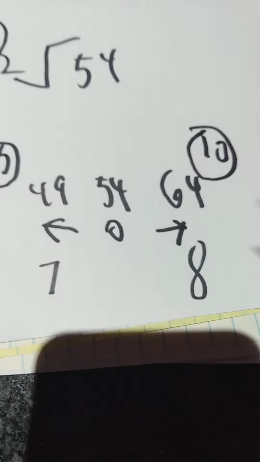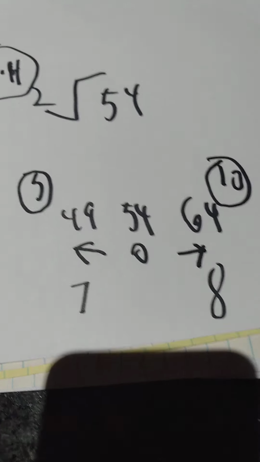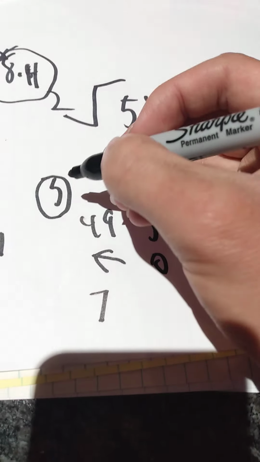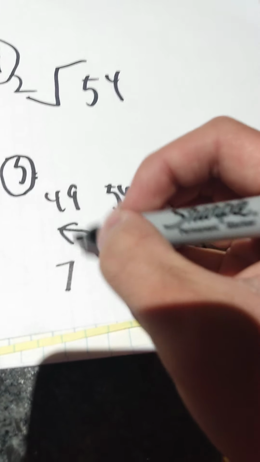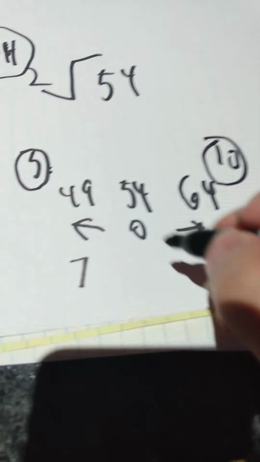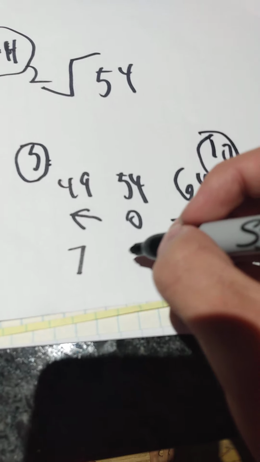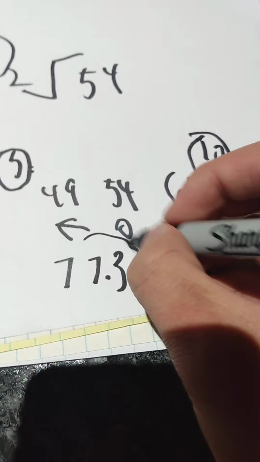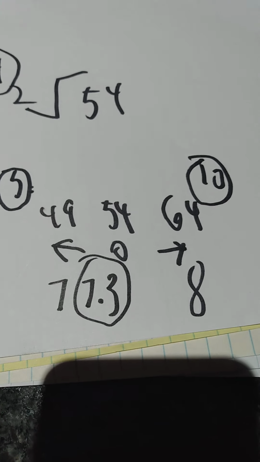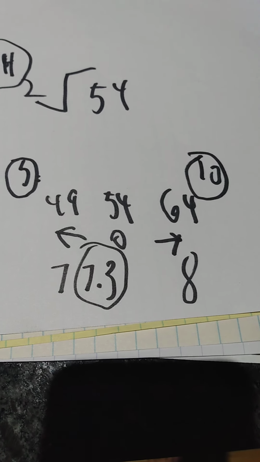So, do you think the answer is going to be close to 7, or close to 8, or in the middle? I'm going to say it's going to be closer to 7, because 5 is the lower number, and it's closer to 49, the square of 7. So I'm going to say it's going to be around 7.3, which is my best estimate. What do you think your estimate is?